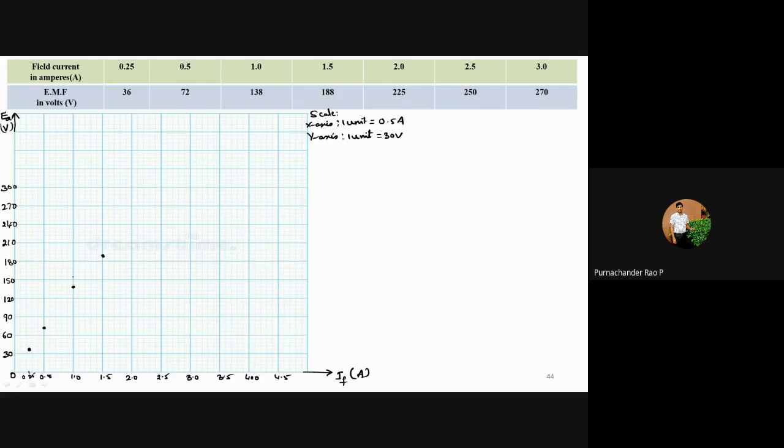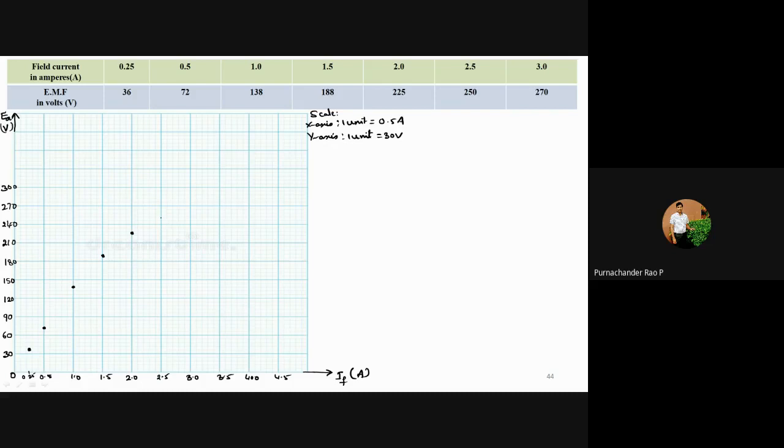Sorry, the earlier one was wrong. So it should be 225: 210, 216, 222, 225 here. This is 225. Okay, next at 2.5, it is 250.